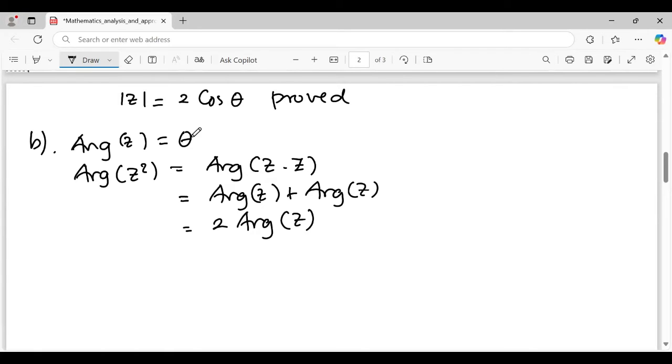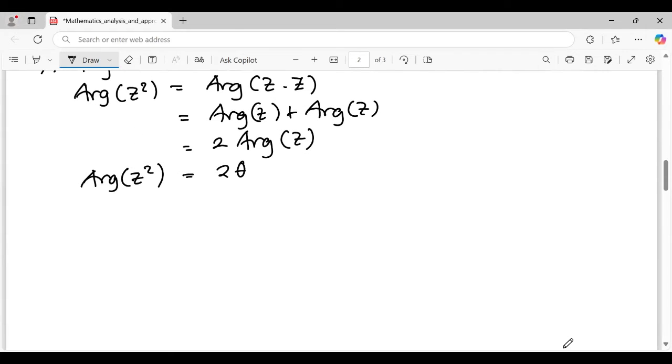So argument z equals theta, it means argument z squared equals 2 theta. This is the first equation.